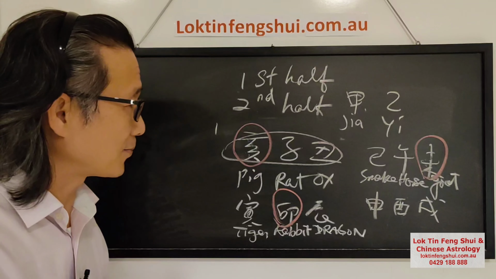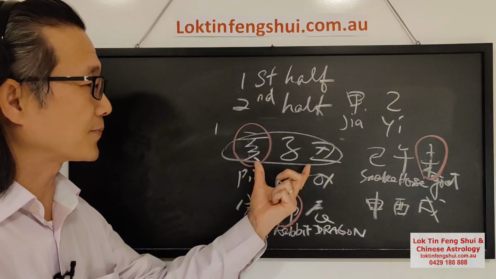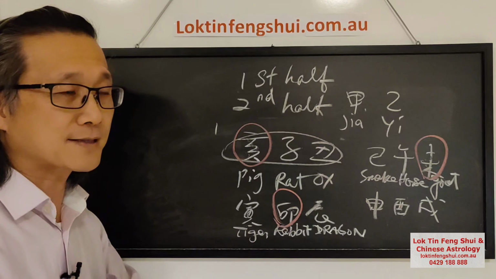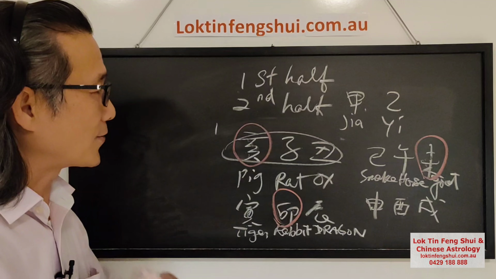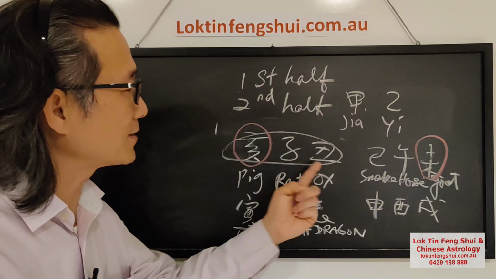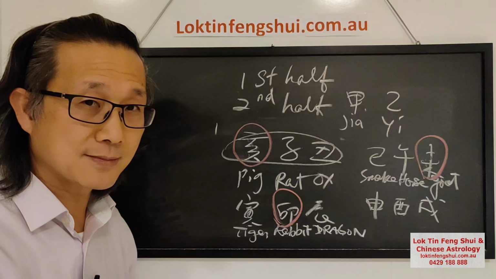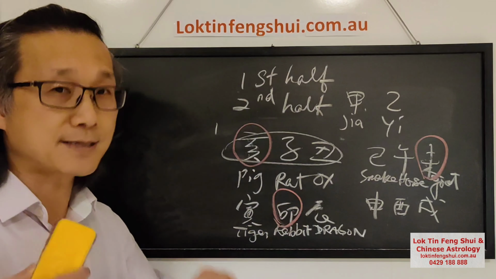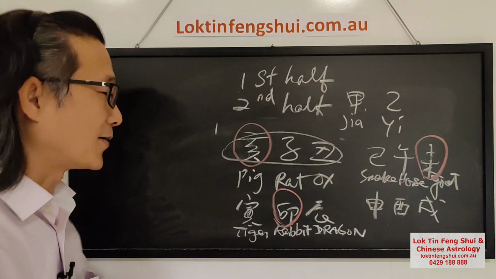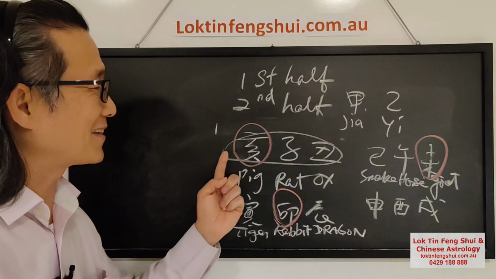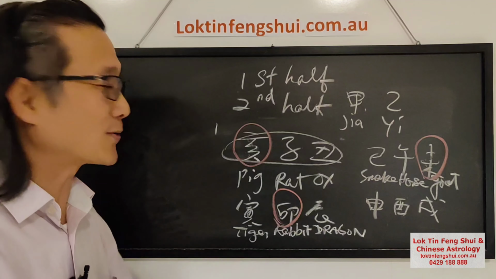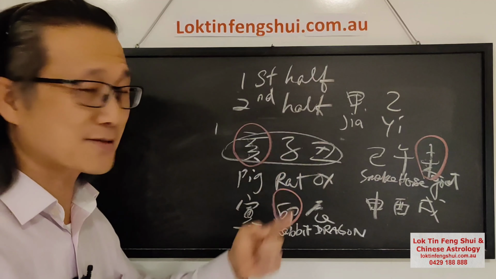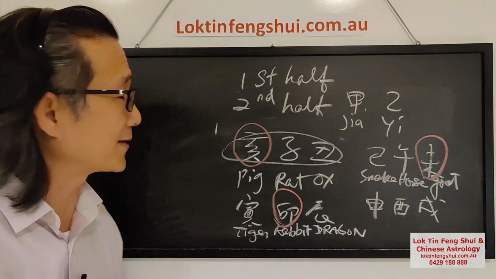You can get the most wealth. If in a wealth cycle or wealth luck you have a directional bonding combination, you will make a lot of money during that period. On the other hand, if water is not your favorable element and you have this combination, maybe you lose a lot of money.